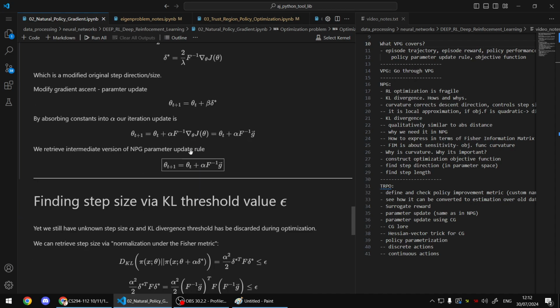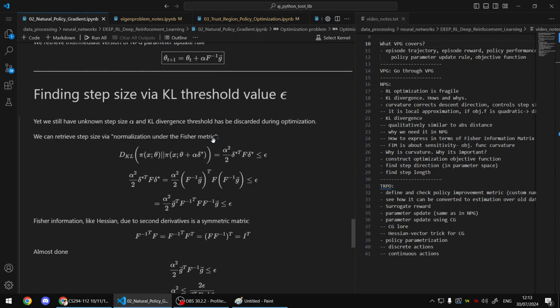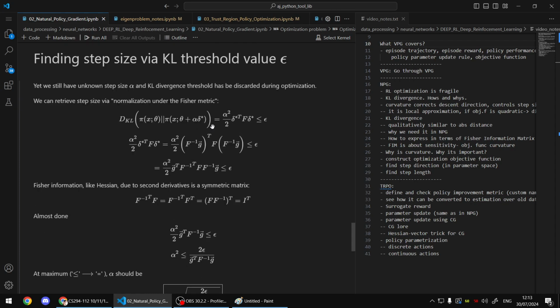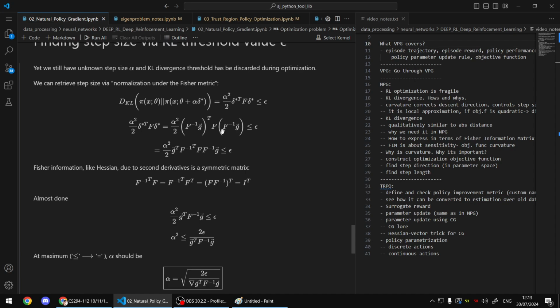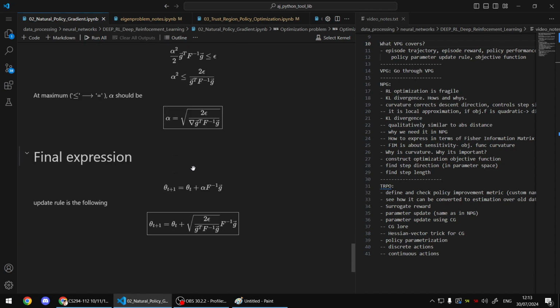That means we decided in which direction we should move in parameter space, but we didn't know the step length. So, again using the KL divergence constraint, we derived an upper bound on how large the step size can be.